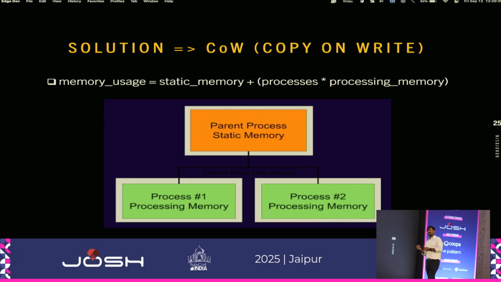The memory will be copied over, and then the process can write over its own memory space. This time, the memory usage is equal to static memory plus the processes times the processing memory. So we have saved a huge chunk of static memory here. Going back to the previous example, we saved almost 400 megabytes of memory directly.